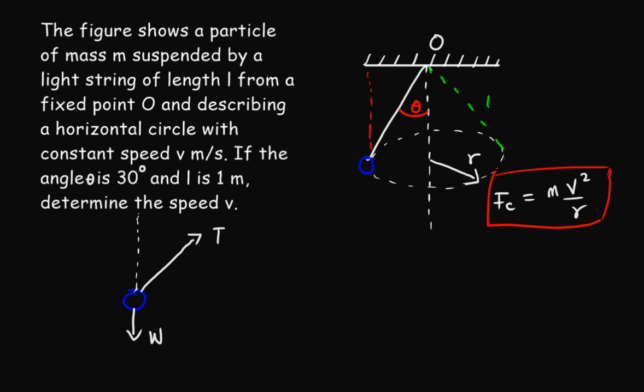If I draw a line here, you see that we have an alternating angle here. So theta here will be the same as the theta here. So in that case, this angle here will be what? Theta. And the question gives what? 30 degrees.